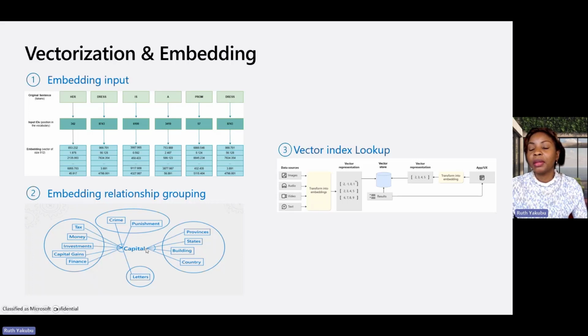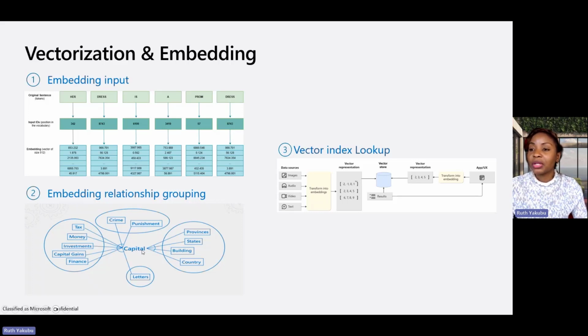To give you a picture of how the relationship will look, let's say there's a word, capital, that is inserted. Depending on what the context is, capital has multiple meanings. When you're talking about capital, you could mean capital letters. It could mean capital punishment or crime. It could be related to finances, like tax, money, investment, capital gains, finance.